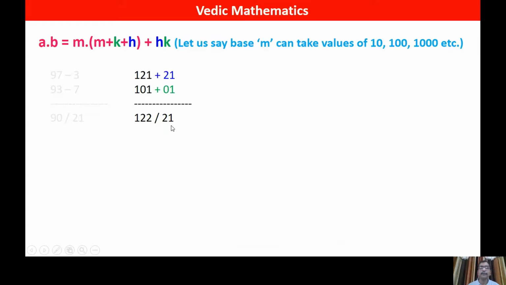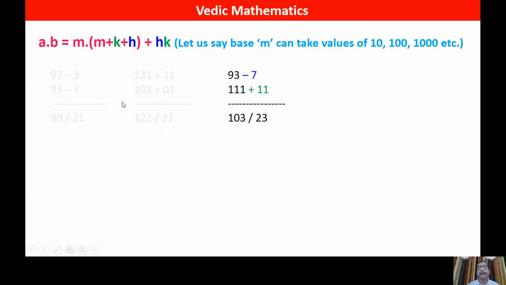Now, in another case, if we want to multiply 93 by 111, both are closer to 100 again. But this is less than 100 by 7, and this is more than 100 by 11. So this is different altogether.